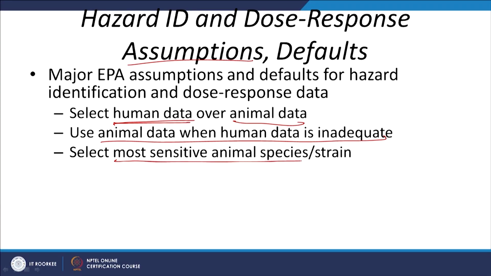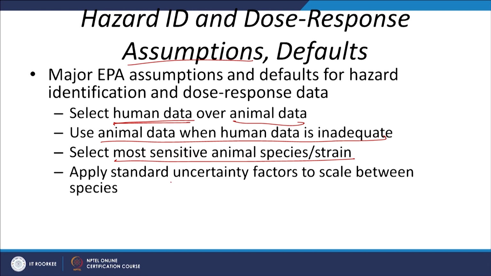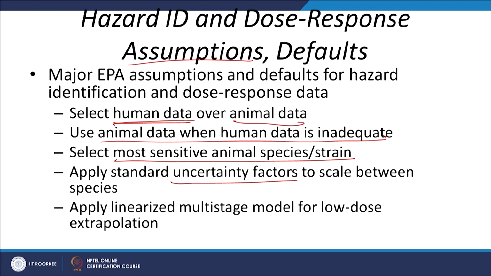We select the most sensitive animal species or strain, and then apply uncertainty factors to scale between species. And again the linearized multi-stage model for low dose extrapolation, which we talked about in the context of carcinogenicity.